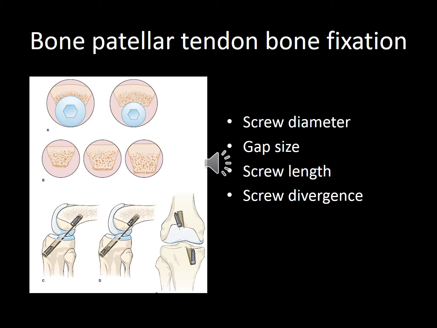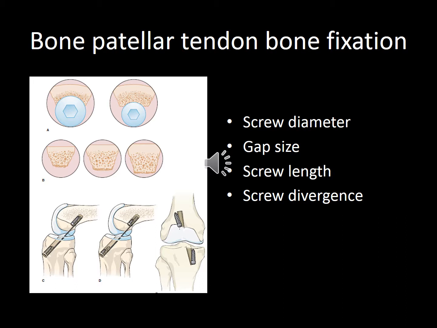It is the gap between the bony block and bone tunnel wall. Gap size is also one factor that can easily be measured intraoperatively and controlled by the surgeon. Improvement in initial graft fixation can be achieved by increasing the diameter of the screw to compensate for the gap size.